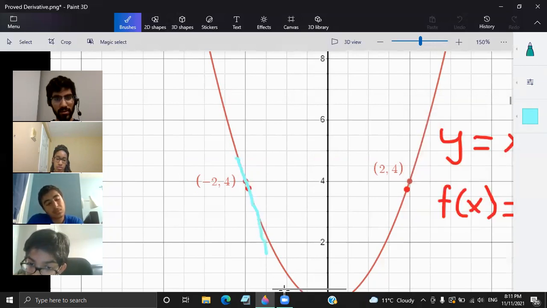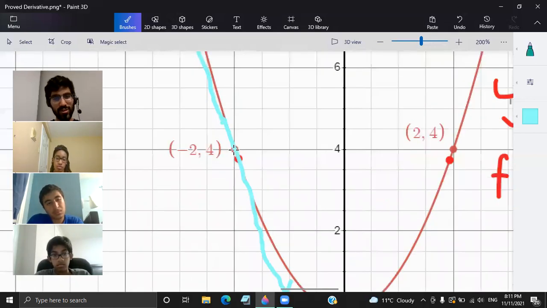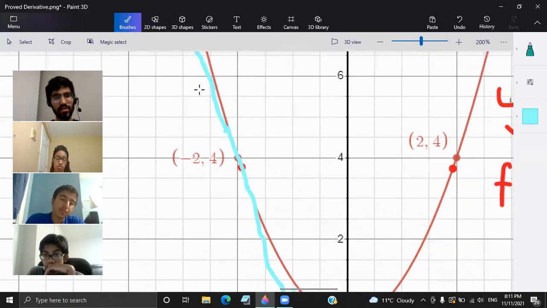Now you can see, even with my bad drawing skills, this line is pretty similar to the tangent we had before. The reason is that if you have just this 1 point touching, or this 1 point and right next to it another point touching, these 2 lines are pretty similar.